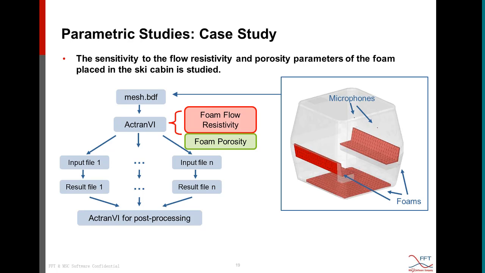The two parameters we wish to modify are the porosity and the flow resistivity, although we could include more parameters in this example. The aim is to assess their influence on the acoustic results at the microphone inside this cabin.